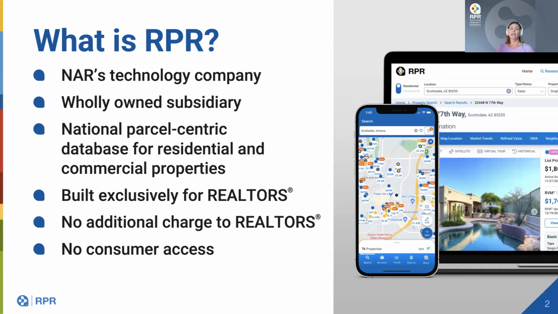We have ESRI data. And for any property in the U.S. that has a tax ID and is residential or commercial, we divvy it up into two categories in RPR. We have that layer of public record information. And then if your MLS participates with RPR, you will have that layer of MLS active, sold, and off-market data, historical photos, historical listing information, and statistical information for those MLSs that you participate with.